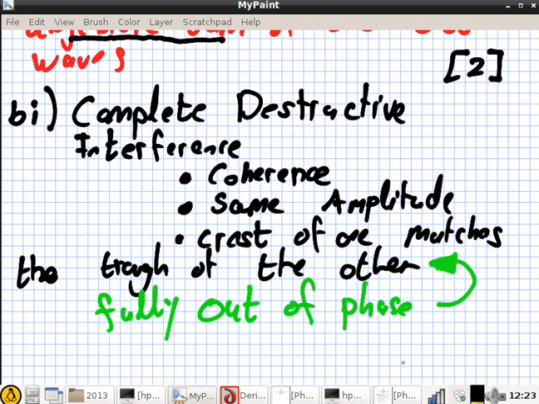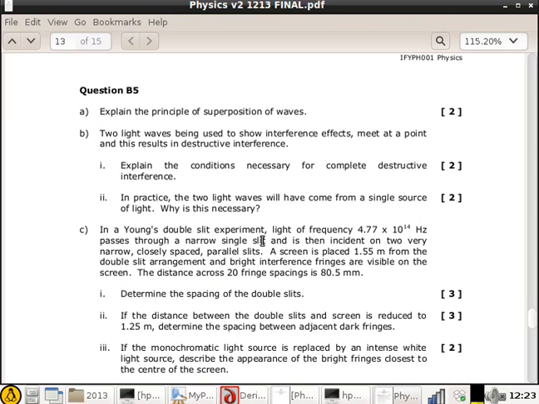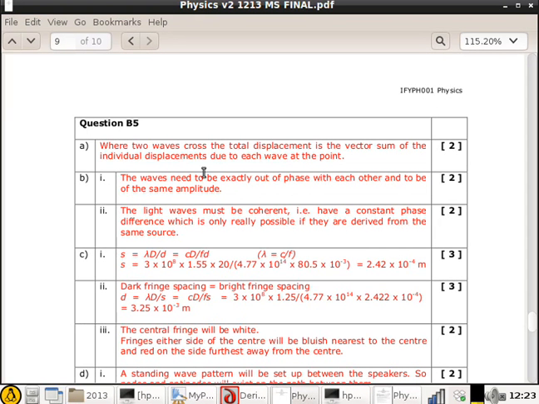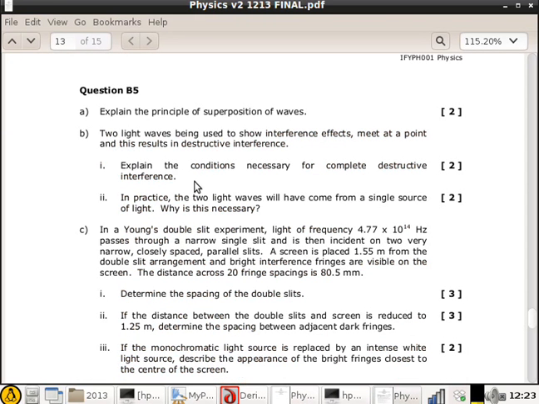Okay, let me check the marking scheme. The waves need to be exactly out of phase with each other and have the same amplitude. Okay, so I got that. All right, let's look at the next one. In practice, the two light waves will have come from a single source of light. Why is this necessary? So that the frequency remains the same.